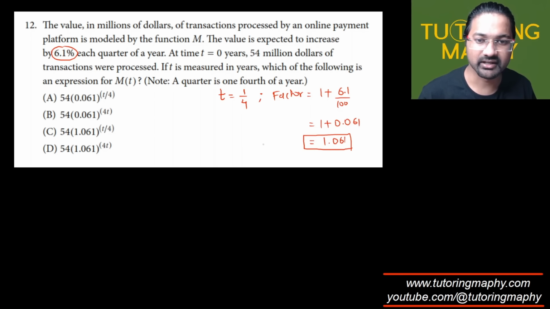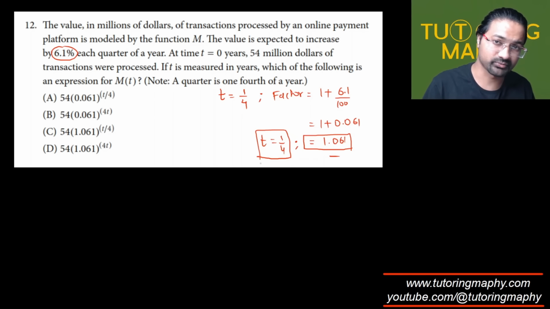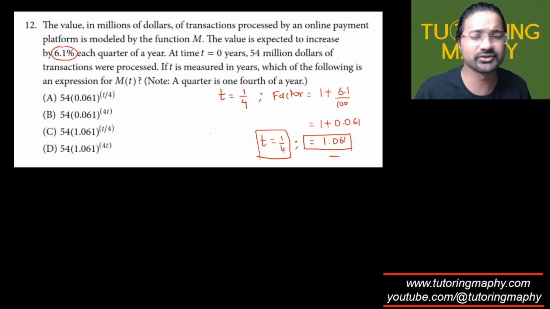It means that if you put t as 1/4, the multiplication factor should come as 1.061. If you put 1/4 over here, this will become 1, but this is 0.061, which is not what I need. But if you put t as 1/4 over here, this will come as 1.061, which is exactly what we are looking for. So option D is the correct choice.